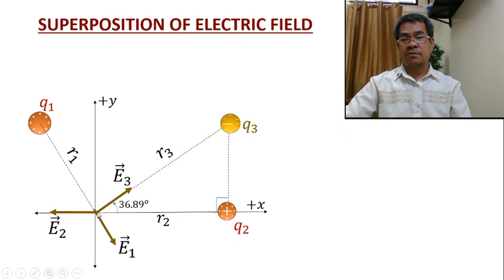Take note that this is a positive charge, so with respect to this point, the electric field must be away from this point. You have to calculate the magnitude, then provide its unit vector as direction. In short, we can do this provided we have this Q1 and we have R1. That's the requirement.